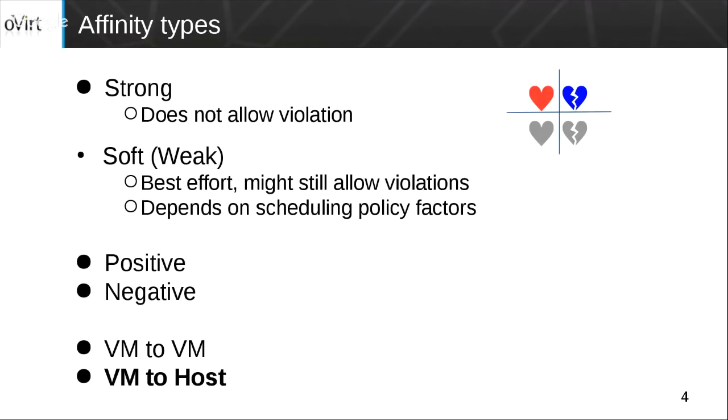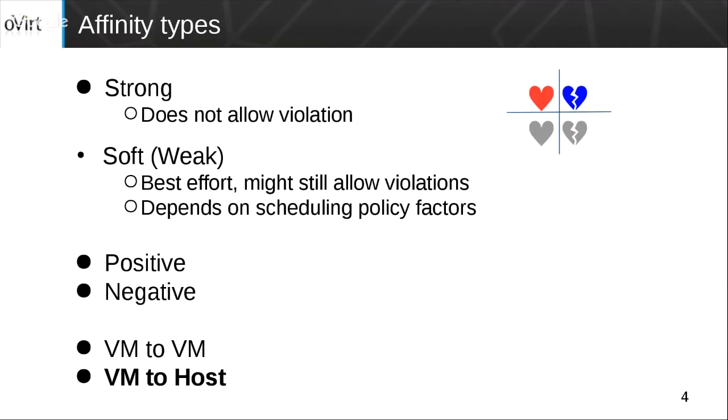Soft or weak affinity are described in the grayed out hearts. This means that soft affinity is a best effort. We might still allow violation of the group, meaning if I have an affinity defined for a VM to a VM or a group of VMs that should run together, positive affinity, or not together, negative affinity, if it's a soft relation, it's a best effort.